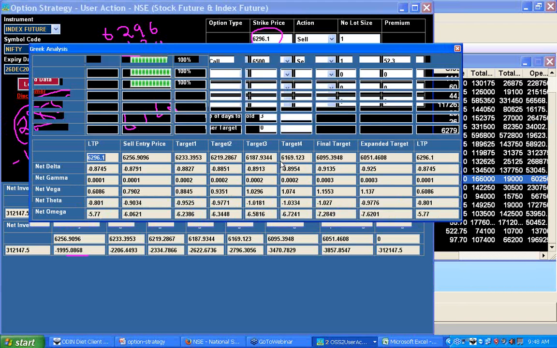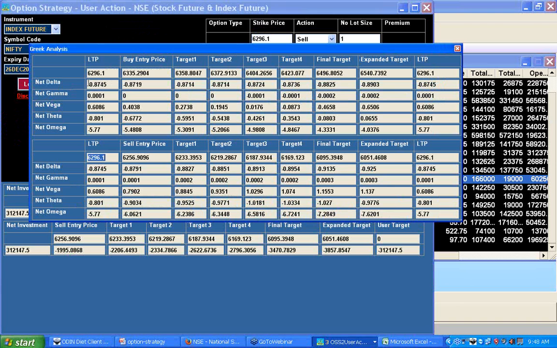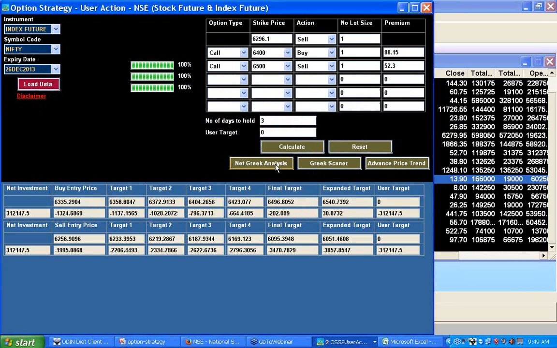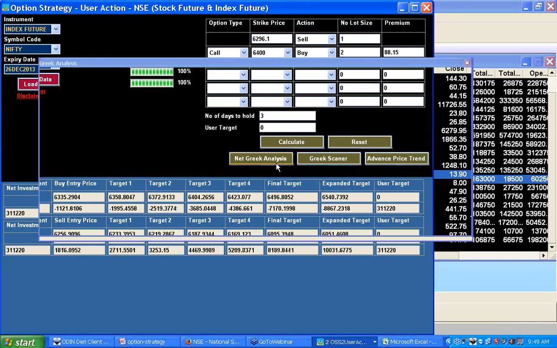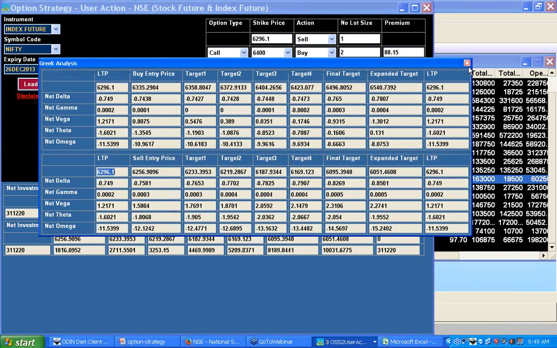So let me see what is the net delta now. So net delta is 0.8745 negative. So what can I do here? I can just give this as 2 lots. Suppose 2 lots here, and calculate and see my Greeks, 0.74.